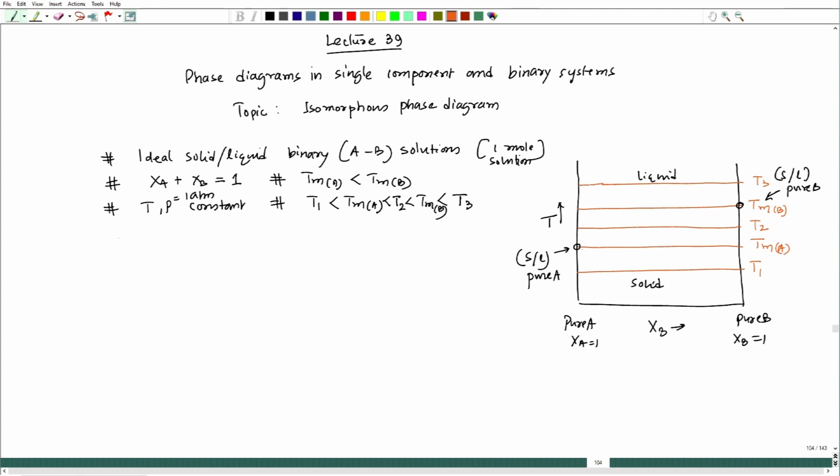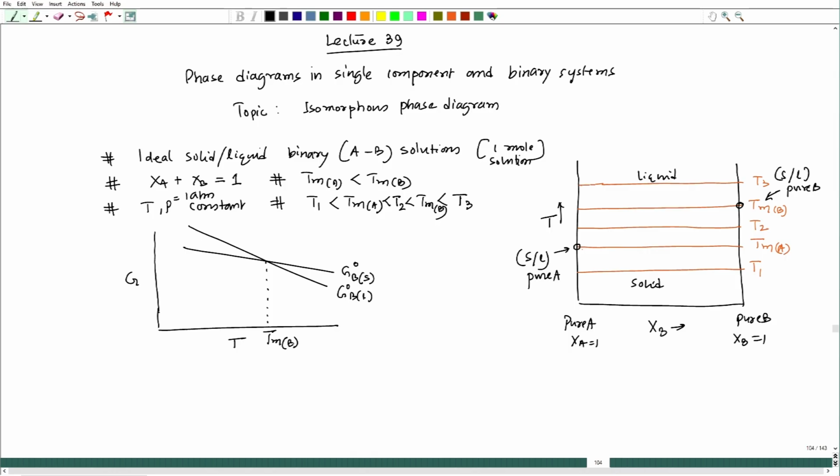Now, we have to also consider the standard reference value, and for that we have to see how the plot of G versus T for pure metals A and B looks. This is G and this is T. For B, this is G B naught for solid, this is G naught B for liquid, and this corresponds to TmB, the melting point of B. The other one is G naught A solid, G naught A liquid, and this particular point corresponds to TmA.